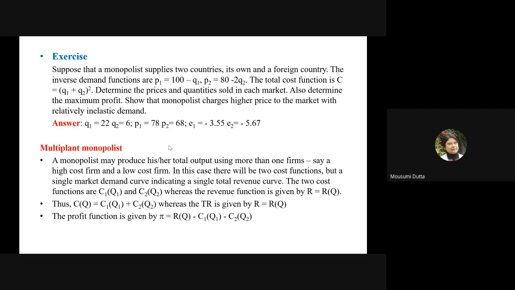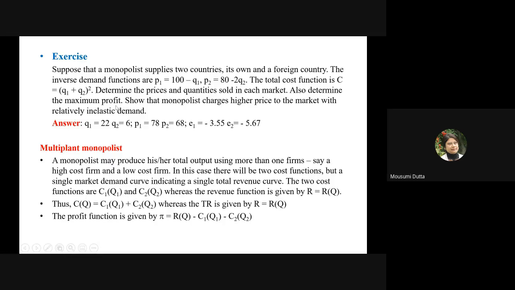Okay, so there is one exercise. Suppose that a monopolist supplies two countries, its own and a foreign country. The inverse demand curves are P1 equals 100 minus Q1 and P2 equals 80 minus 2Q2, and the cost equation is (Q1 plus Q2) whole square. Determine prices and quantities sold in each market.